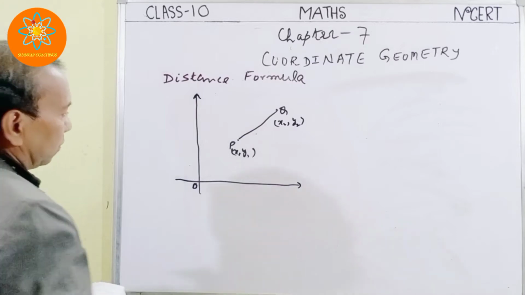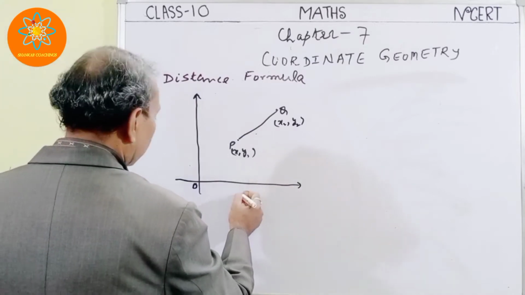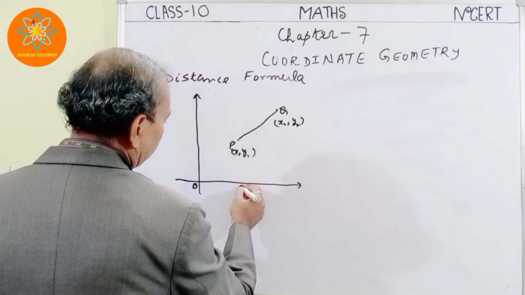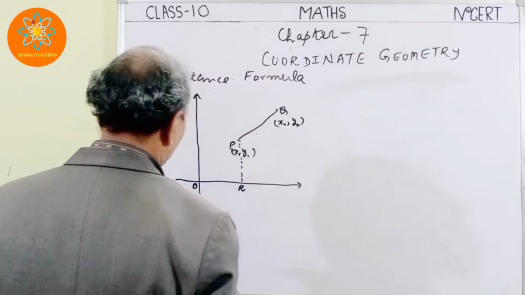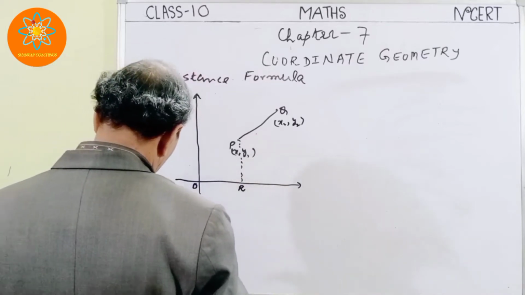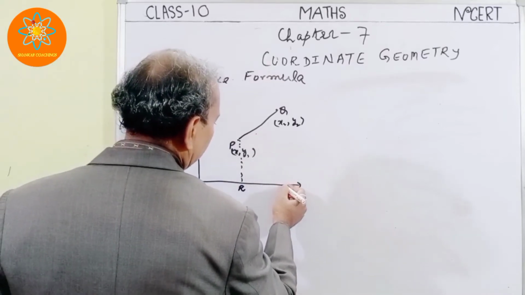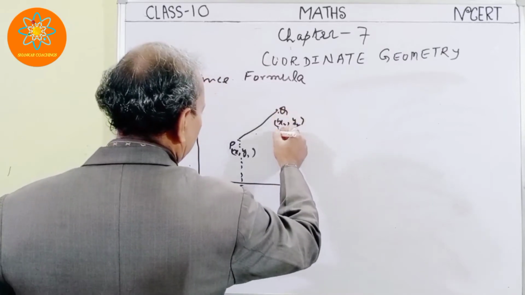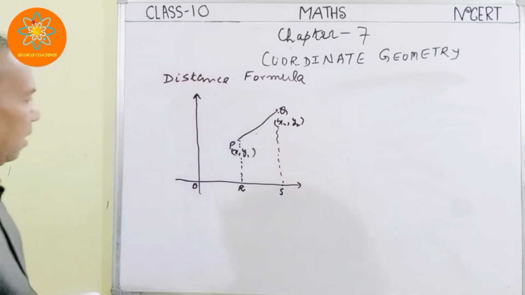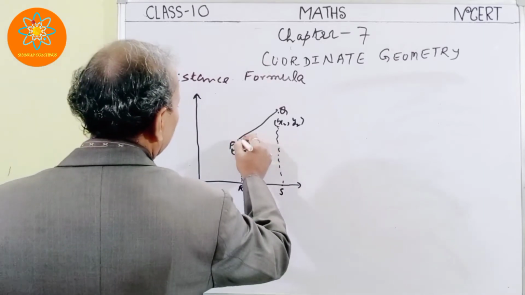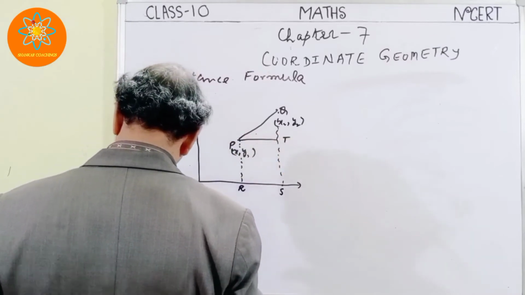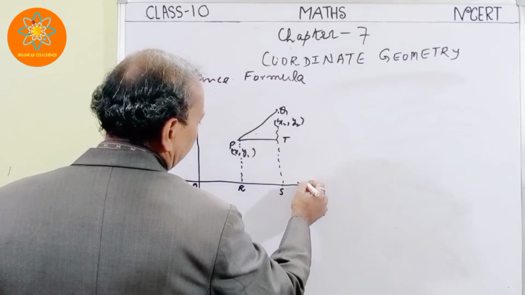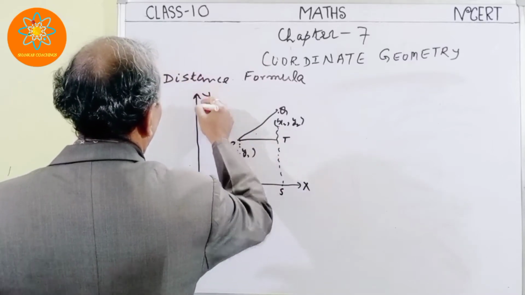So what I will do, let's suppose this is point R and this is point S, and this point is T. Basically, this is the X coordinate and this is the Y coordinate.